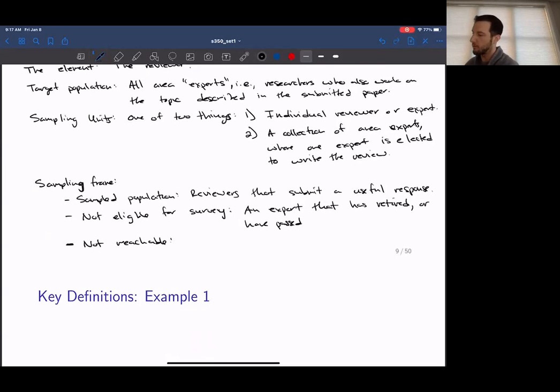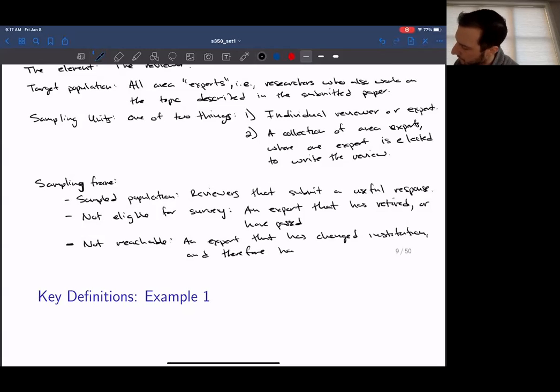Okay, so an example of this might be an expert that has changed institution and therefore has a new email address. Okay.